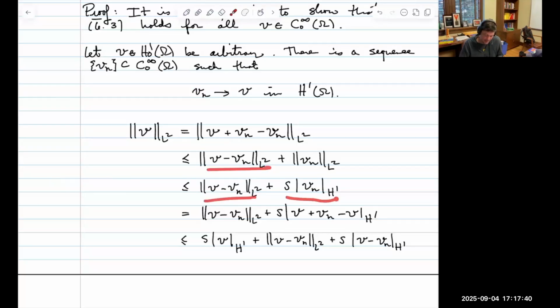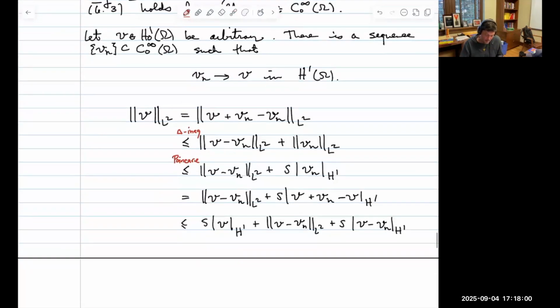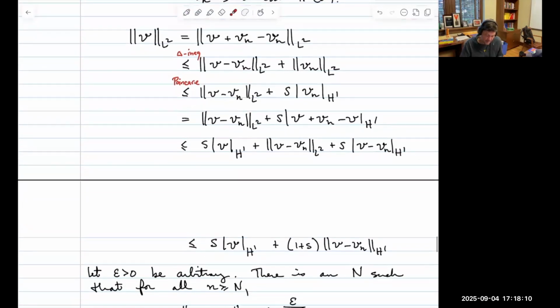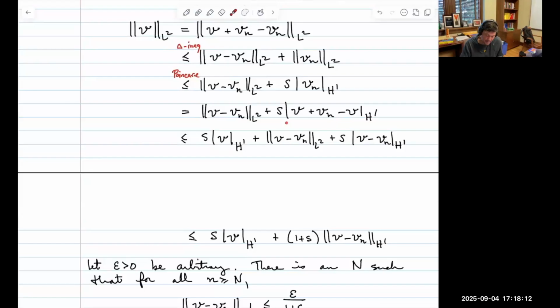So all we've done here is apply the triangle inequality and then Poincare. Let's write that above. Triangle, and here's our Poincare. What's next? In this norm, I'm going to add 0 again by adding and subtracting V. Then I'm going to use the triangle inequality on the seminorm. It's known that the triangle inequality holds for a seminorm.